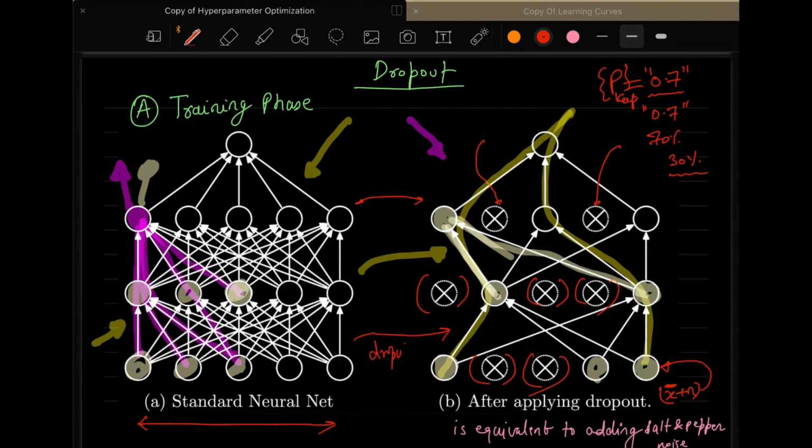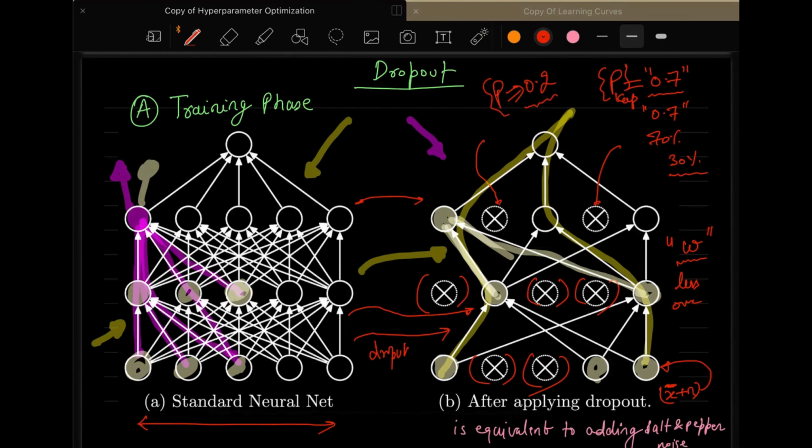By using dropouts, you are actually reducing the number of neurons. Once you make them fewer, there are fewer W's, and fewer W's means less overfitting, and you are tending towards a high bias region. If you make the probability very low, sorry, if you make the probability, let us say, 0.2, that means only 20% will be there and the rest of them will be gone.